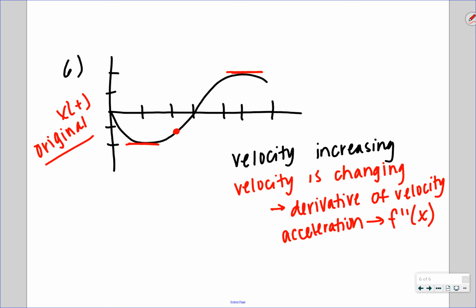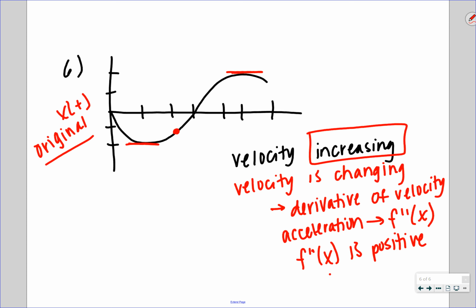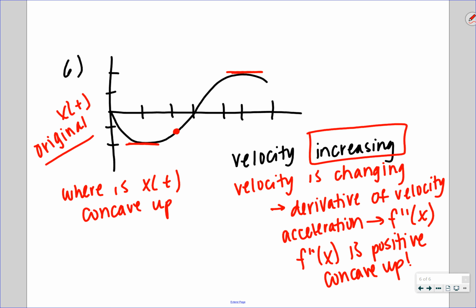So I know that my second derivative is positive, so that means concave up. Tons of connections having to be made here. This is really just asking where x of t is concave up, which is why they gave you that point of inflection. You are concave up between 0 and 2. Up like a cup, down like a frown. So A.